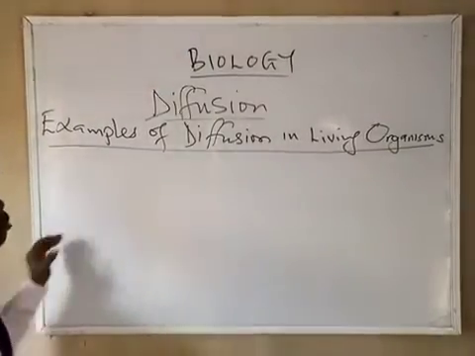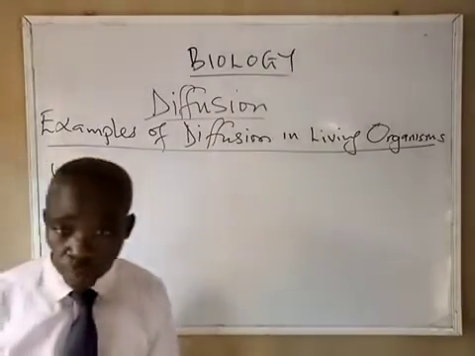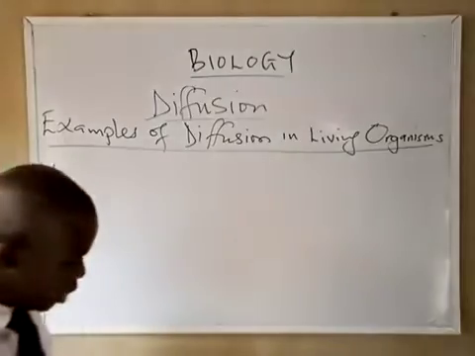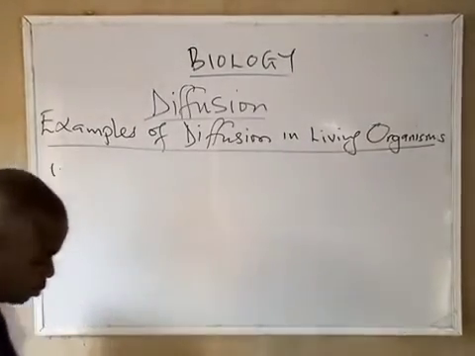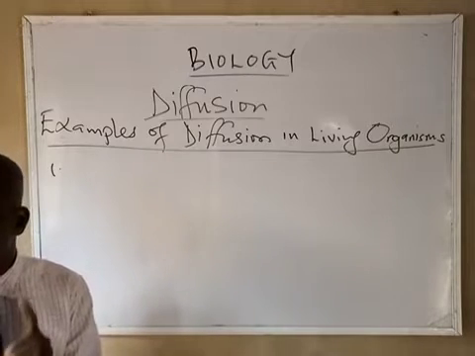Now, one, absorption of digested food from the small intestine into the bloodstream is by diffusion.